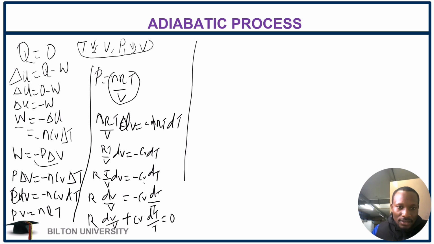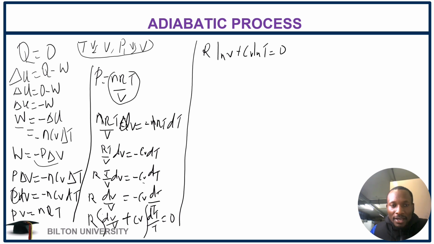So if you look at it now, we can integrate dT and dV. If you integrate it, you're going to have R ln V plus C_V ln T is equal to 0.